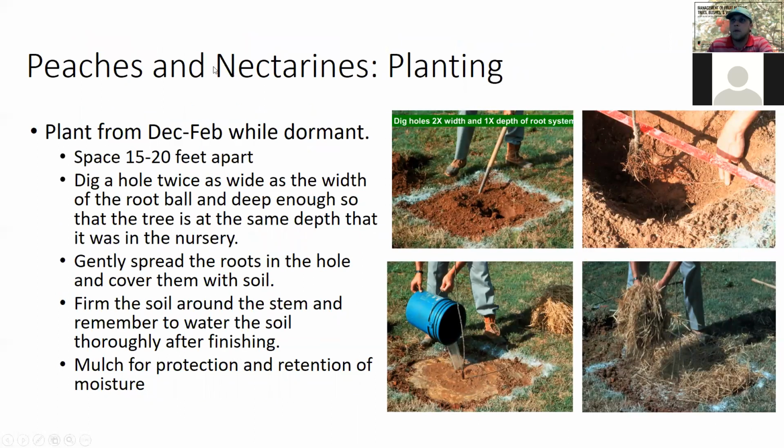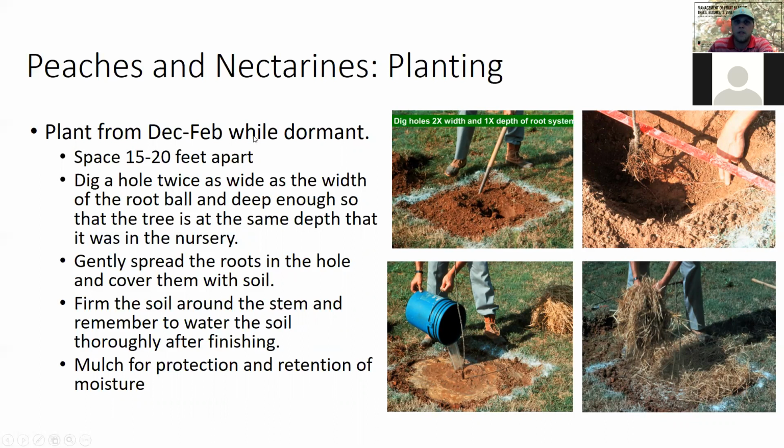So peaches and nectarines planting, and really this goes for planting any fruit tree, and really just about any plant in general, as far as trees or larger bushes. As far as the actual planting of it goes over here as far as the pictures. In most plants in general, perennial plants, you're going to want to plant in December through February while these species are dormant.